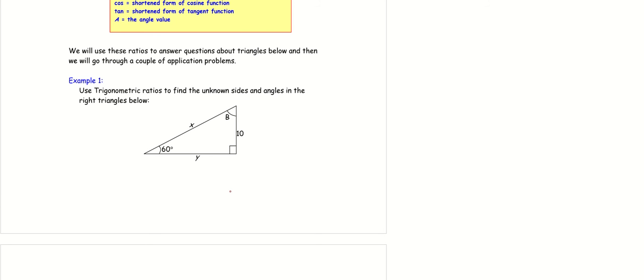When we say we want to solve for a triangle, we mean we want to know the measures of all the sides and all the angles of the triangle. We will be given some known angles and some known sides, but it's not complete, and our job is to complete all the parts.